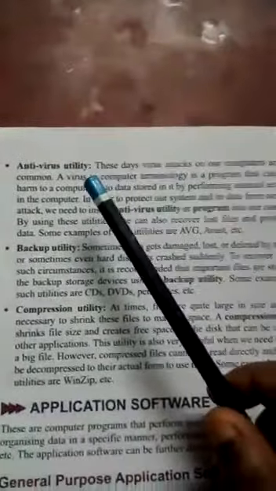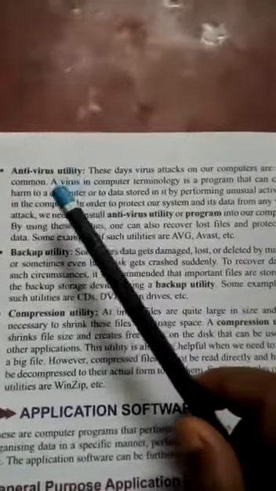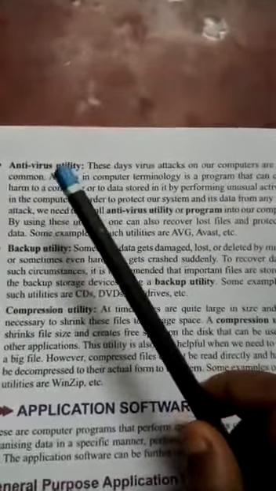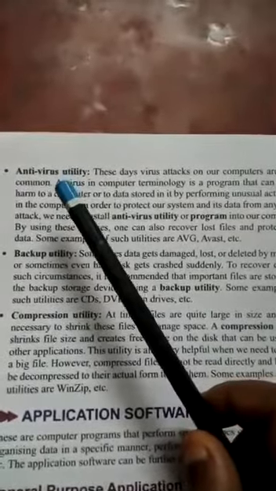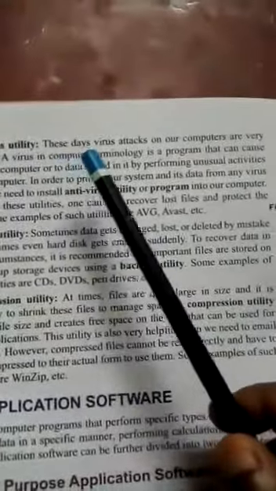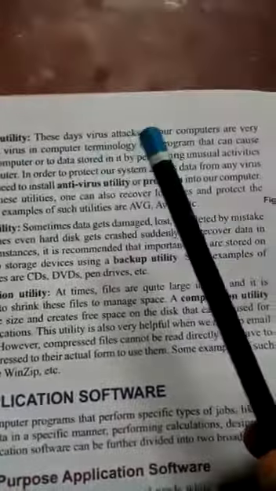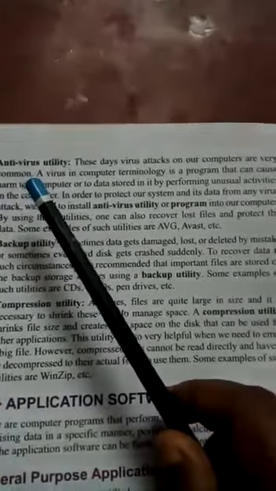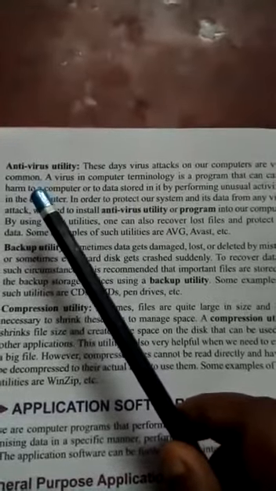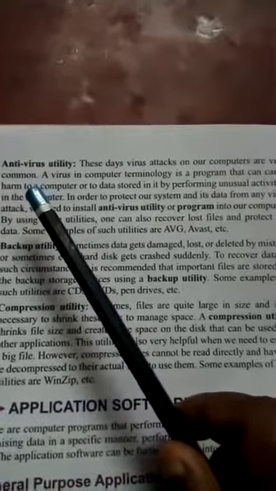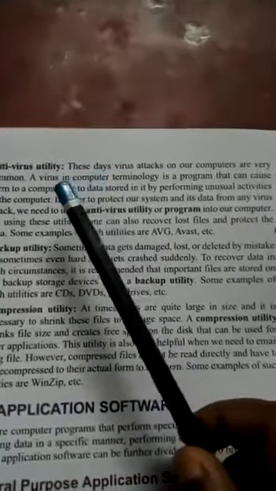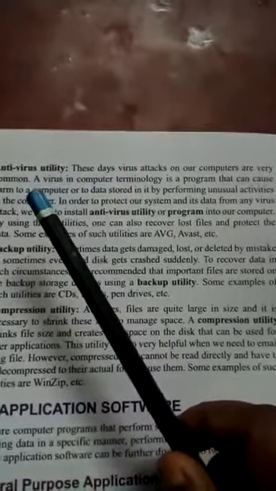Antivirus utility. Antivirus means it will prevent our computer from virus attack. These days virus attacks on a computer are very common. Through the internet our computer is attacked by viruses.